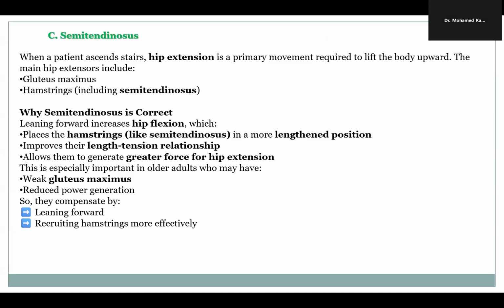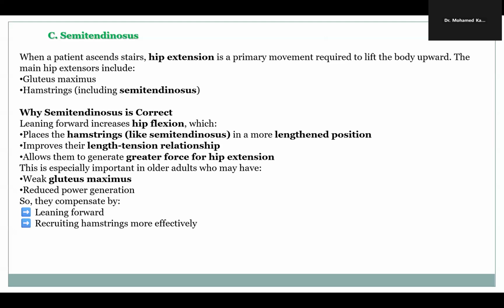So why is semitendinosus correct? The patient is leaning forward, which will increase hip flexion, which will place the hamstrings, and semitendinosus is one of them, in a more lengthened position.